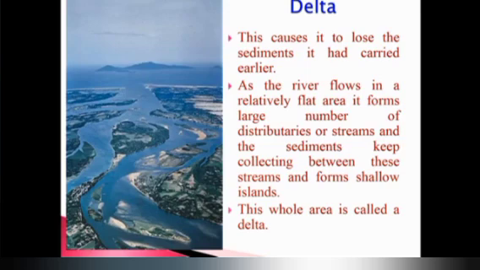As the river flows in a relatively flat area, it forms a large number of distributaries or streams, and the sediments keep collecting between these streams and form shallow islands. This whole area is called a delta. Students, here we can see the picture of delta.